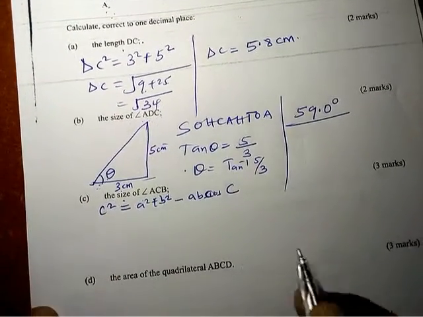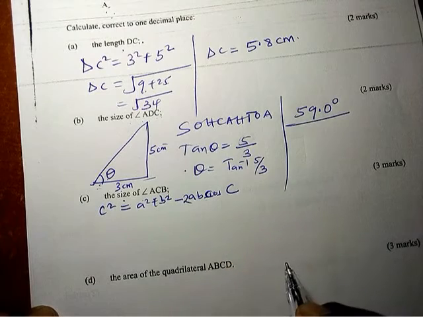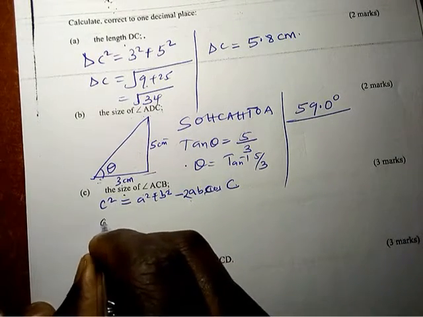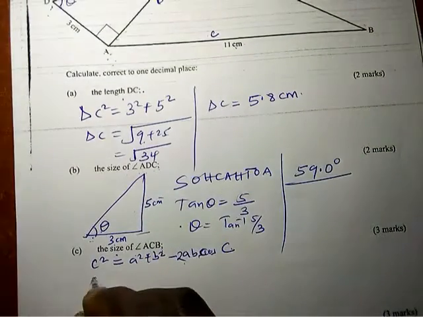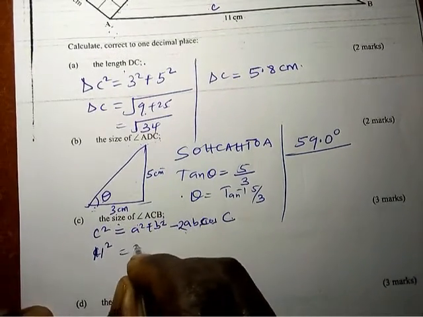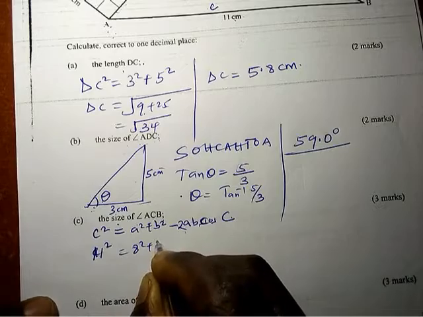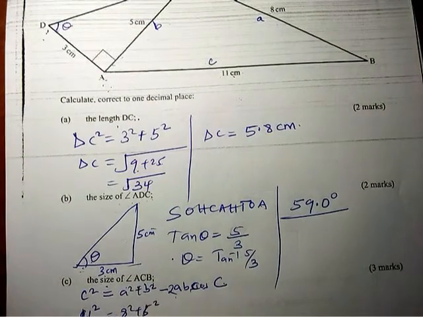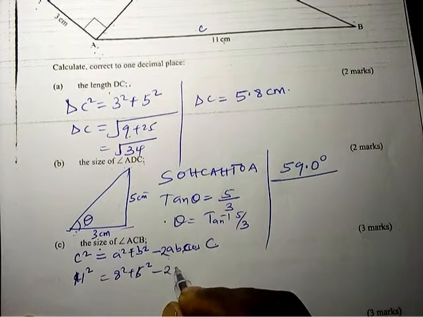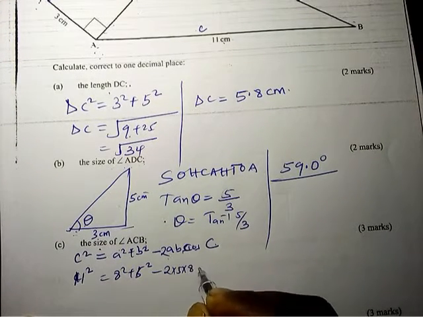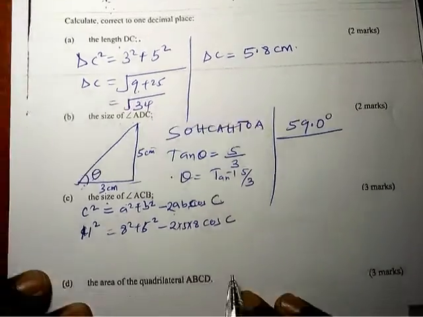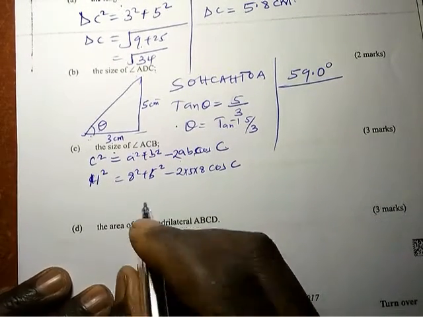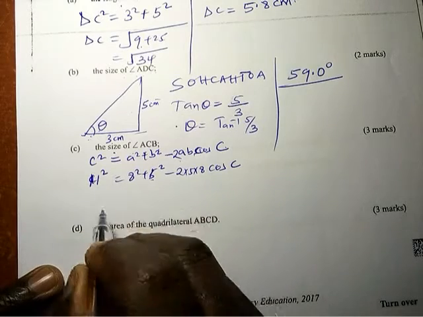So C square, which is 11 square, is equal to 8 square plus 5 square, minus 2 times 5 times 8 cos C. We are looking for that cos. Next, we bring this on this side.